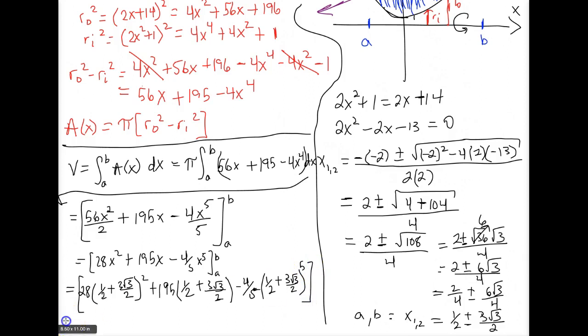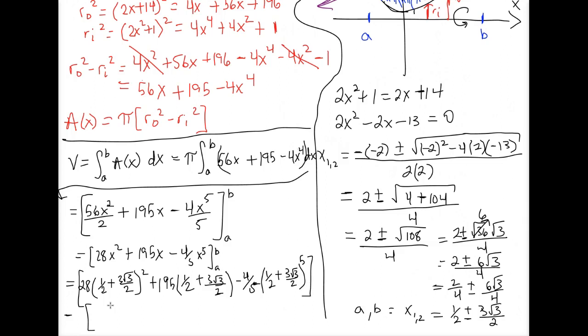And that's that, minus, and now we'll do the same thing, but we'll plug in the negative here. So it's 28, 1/2 minus all this business, and I'll just write it and spare you the boring details.